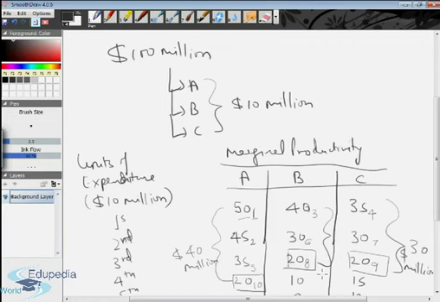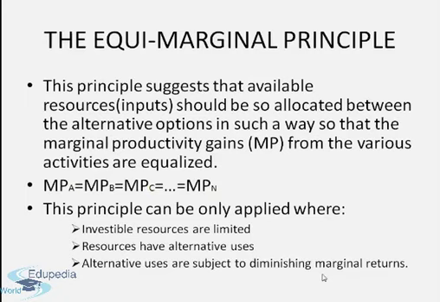Thus, we can conclude that according to the Equi marginal principle, in order to get the maximum profit, the resources should be allocated in such a way that the marginal productivity from A should be equal to the marginal productivity from the alternative use B, should be equal to the marginal productivity from the alternative use C, and all the other alternative uses.